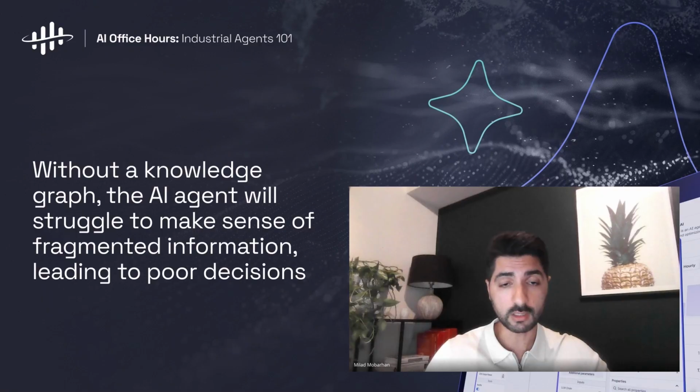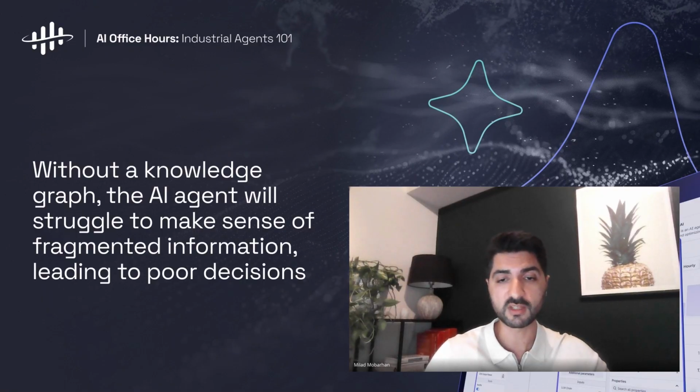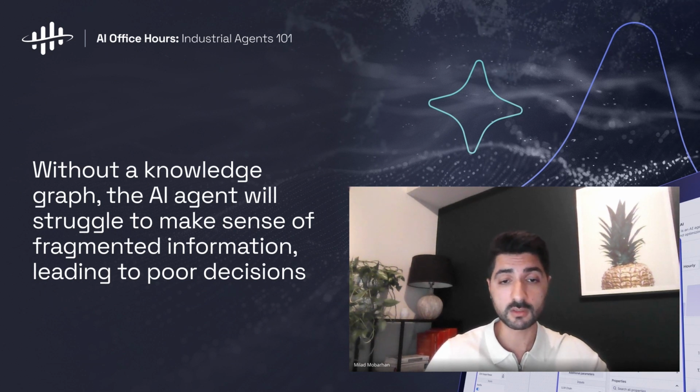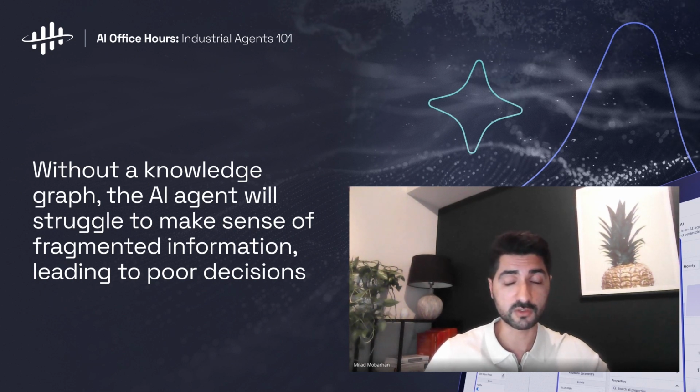This is true for humans, but also for language models. Without a knowledge graph, the agent would struggle to make sense of this fragmented information, which could lead to misinterpretation and poor decisions. It's kind of like having all the pieces of a puzzle, but no picture on the box. The agent might guess incorrectly how they fit together, essentially.